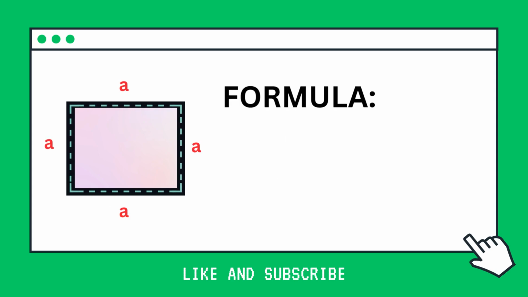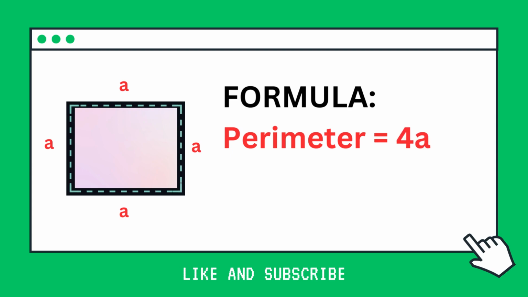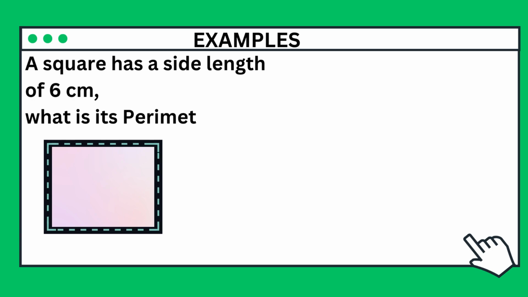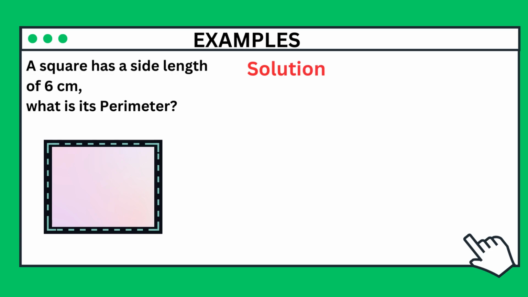So ang formula naman ng perimeter natin is, perimeter is equal to 4 times a, or side plus side plus side plus side. Okay, so examples. A square has a side length of 6 centimeters. What is its perimeter? So, solution. Ang formula natin ay P is equal to 4a. Ano ang given natin?